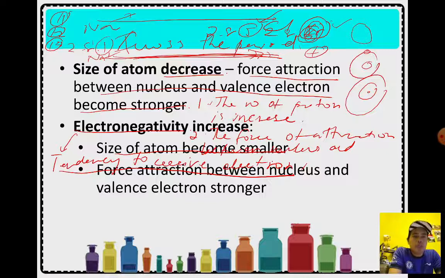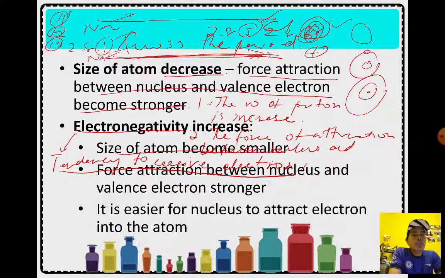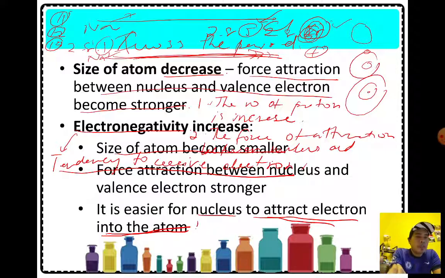The force of attraction between nucleus and valence electrons becomes stronger. It is easier for nucleus to attract electron into the atoms. So apabila saiz tu semakin kecil, jadi nukleus lebih mudah untuk menarik elektron masuk ke dalam atoms. Jadi dia punya keupayaan, tendensi dia untuk menerima elektron lebih mudah.